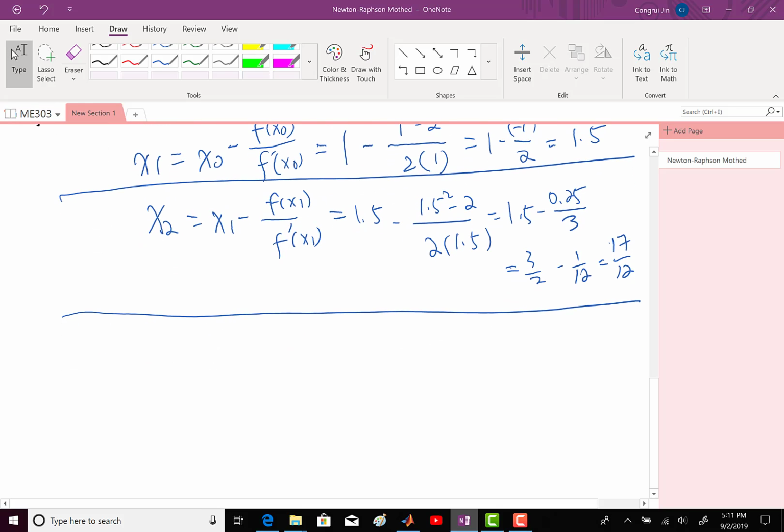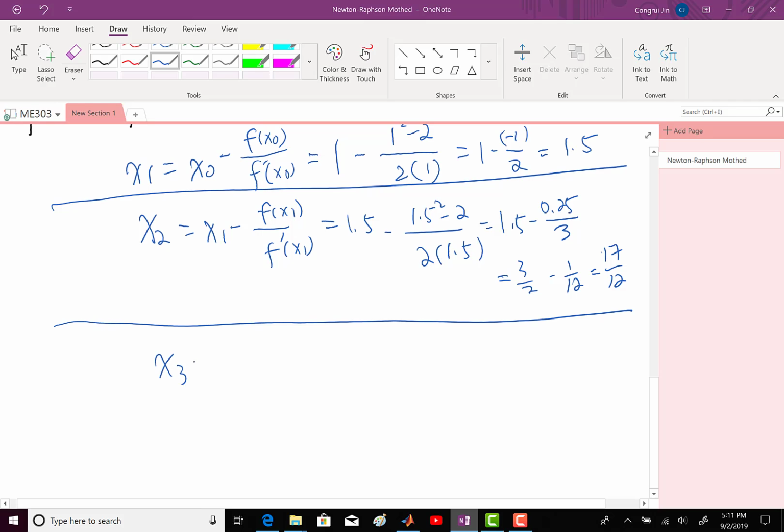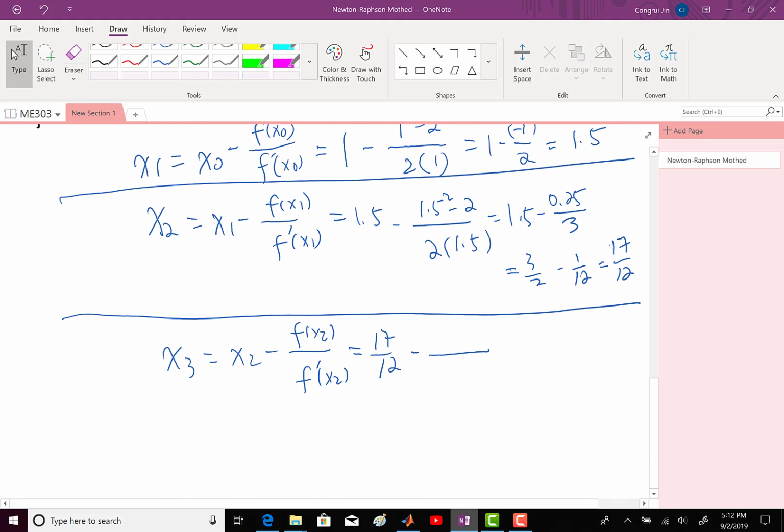In the next iteration, x3 equal to x2 minus f(x2) over f'(x2). So x2 is 17 over 12, and f(x2) is (17 over 12) squared minus 2.